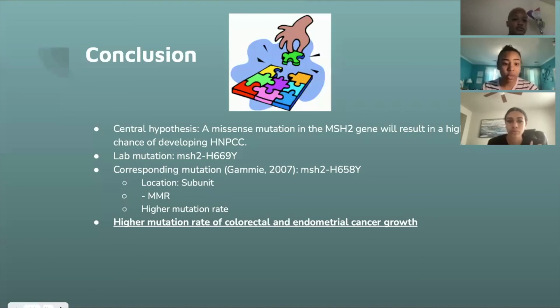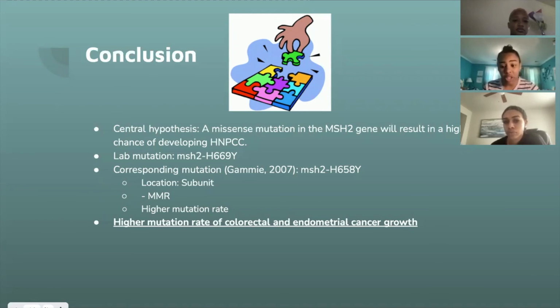So in conclusion, to bring you guys back to where we started, our central hypothesis was that a missense mutation in the MSH2 gene will result in a higher chance of developing HNPCC. Our lab mutation that we were given was MSH2-H669Y.